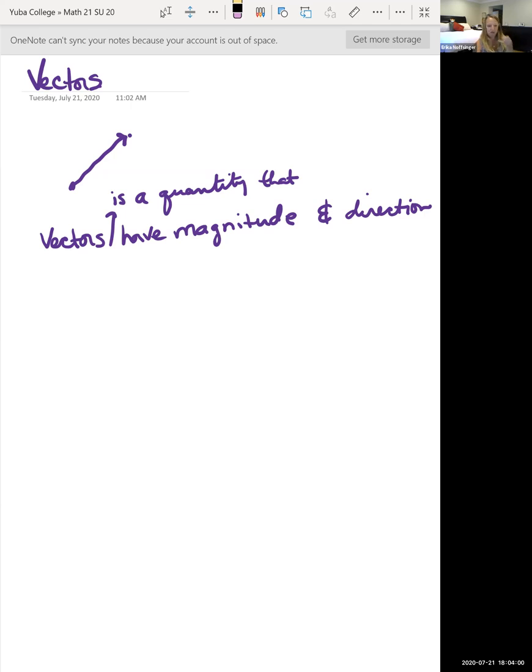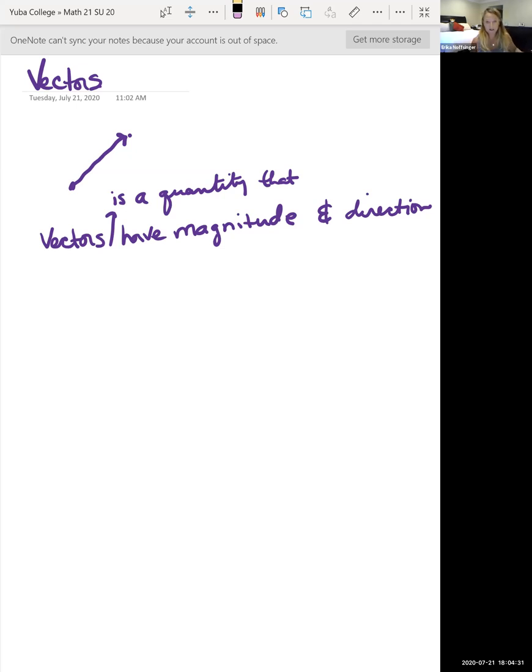You were given both a direction and a magnitude, in this case, miles per hour. Whereas if you were looking at the area of an object, that is just one quantity, and we would call that a scalar quantity. So let's start there.